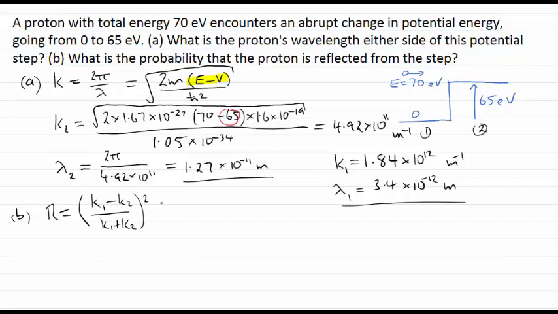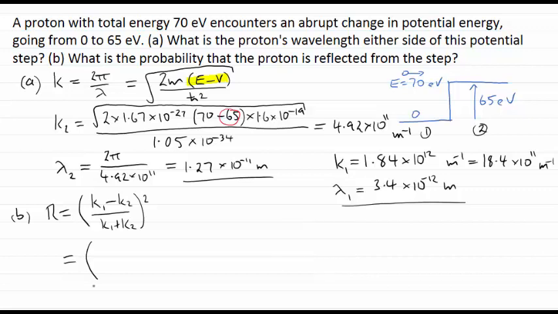And so fortunately we actually did calculate those values of K already in part A, so we can just use them quite directly here. In fact, to make it a bit simpler, I might change my expression for K1 here to put it in the same kind of units as I have for K2. I can make that 18.4 times 10 to the 11 inverse meters, and then I've got everything for K1 and K2 both in this unit of 10 to the 11 inverse meters, and I don't have to worry about writing that unit in here because it will just cancel top and bottom because this is a ratio.